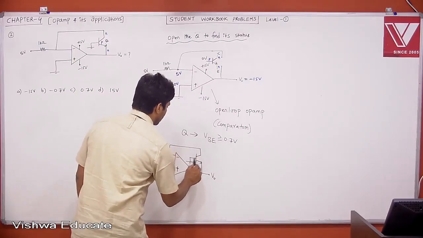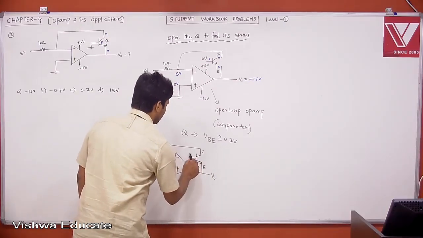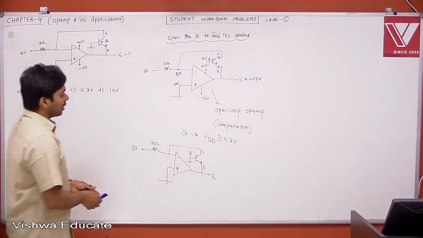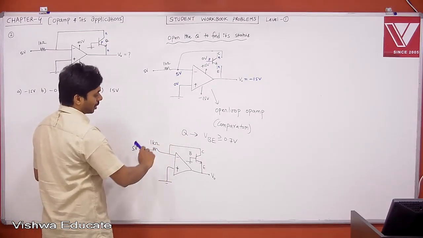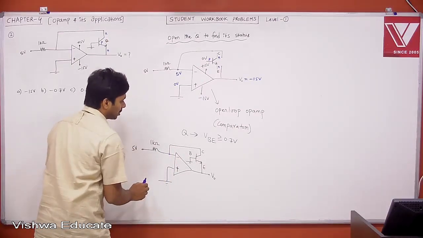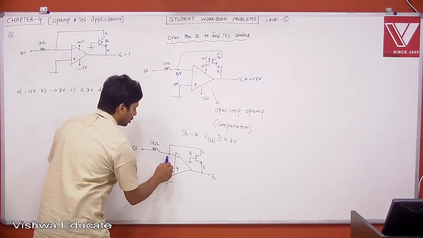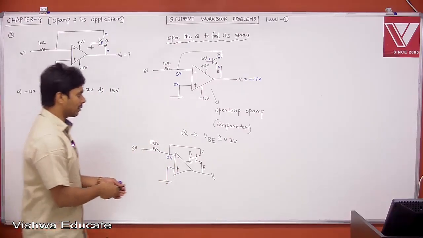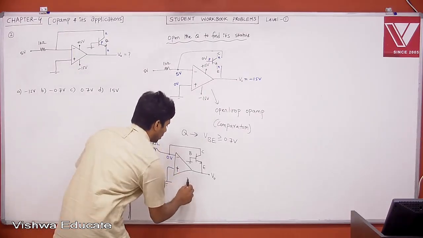Now this is ground. This is collector. This is emitter. This is base. Okay. Now tell me, it is conducting. Now when it is conducting, we know that it is conducting. Then there is a negative feedback. If there is a negative feedback, virtual ground concept is valid. Yes. Now this is what is 0 volt. Therefore, now transistor is conducting. Therefore, negative feedback.